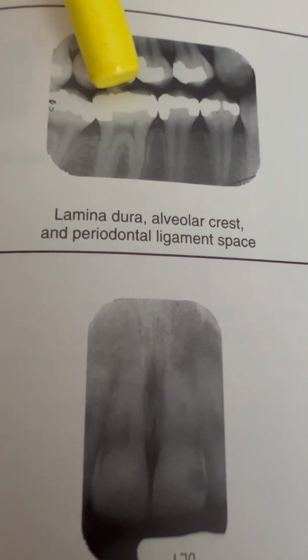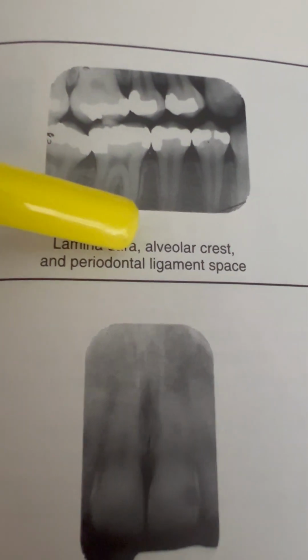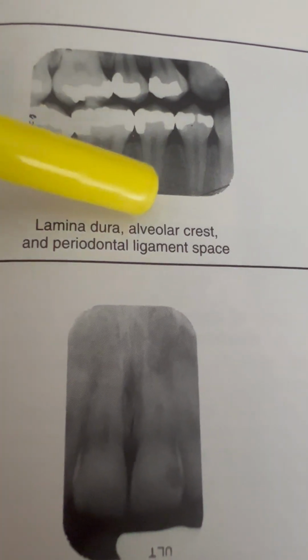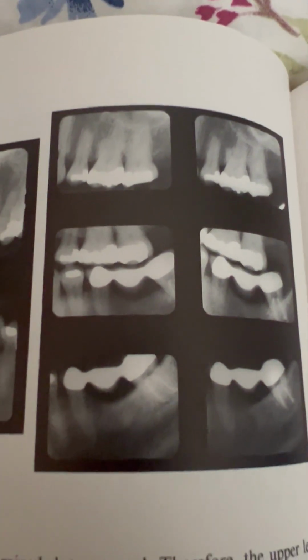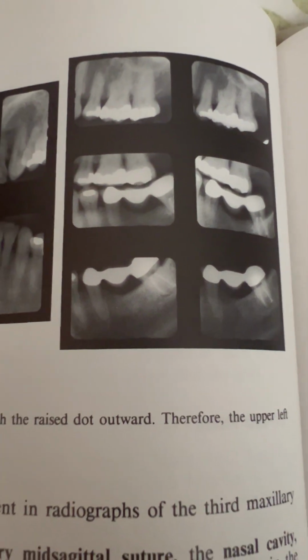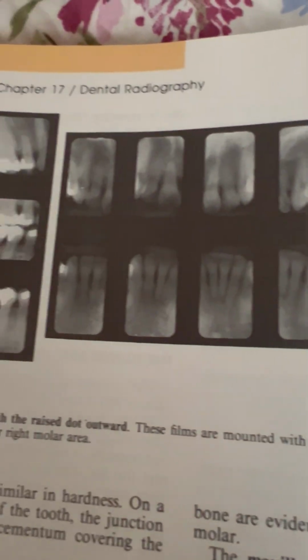And in a previous video, you will see the pulp of the tooth. You can see them listed here as well, highlighted there. And here is what a full mouth x-ray is. I think there's a video before that actually shows that as well.